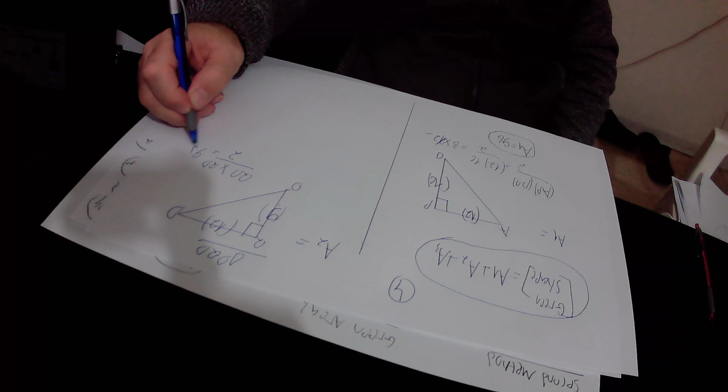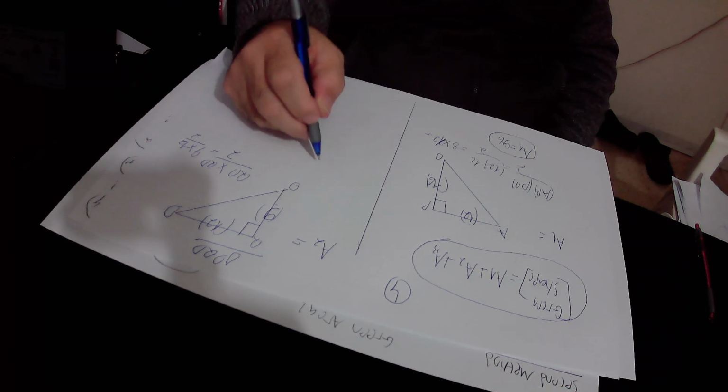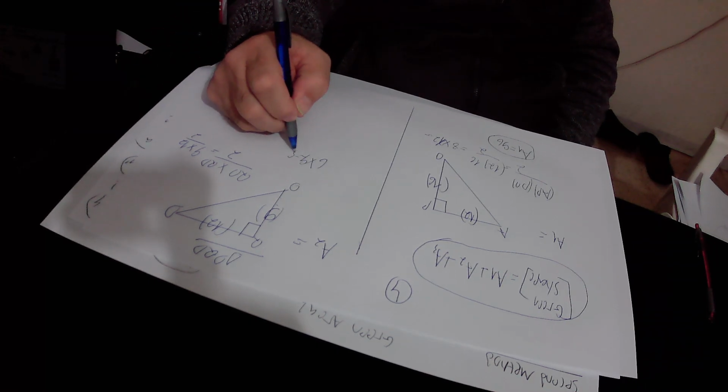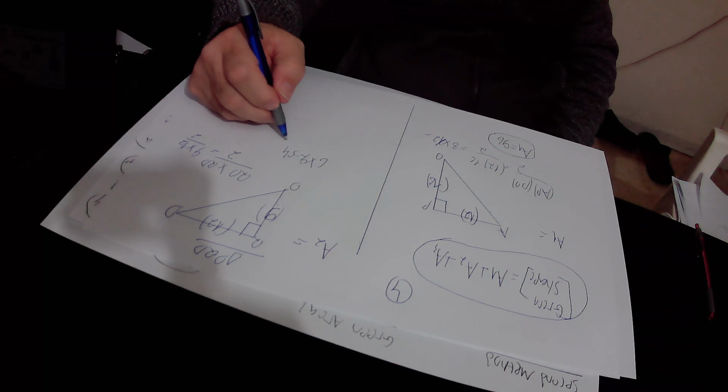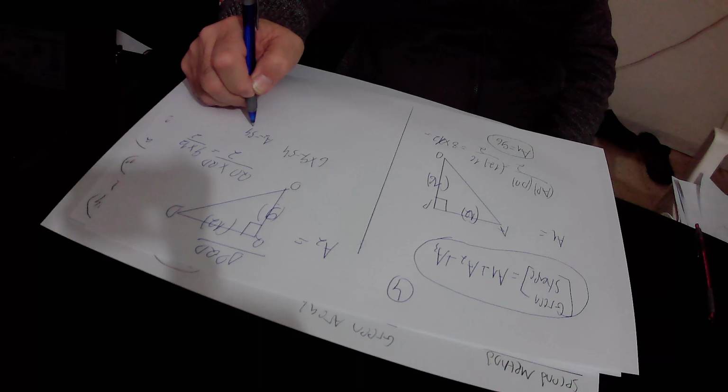QO is 9 times QD that is 12 over 2. 12 over 2 is 6, so in total this expression equals to 6 times 9, that is 54. In conclusion, found out that A2 equals to 54 square units.